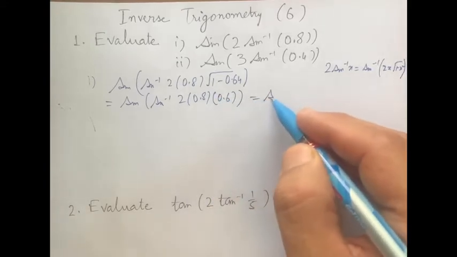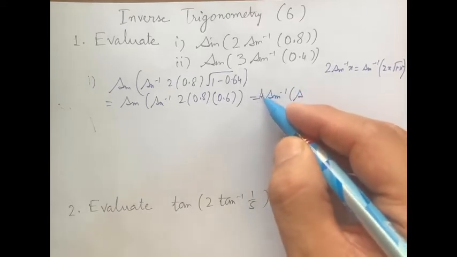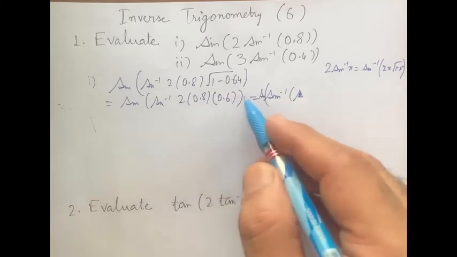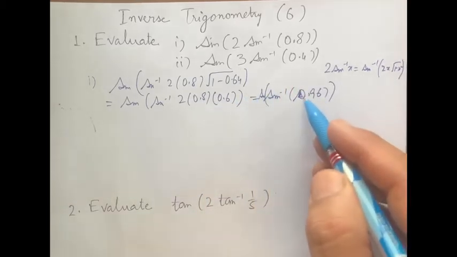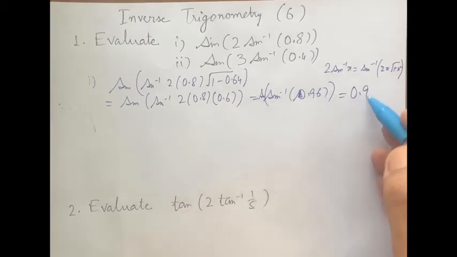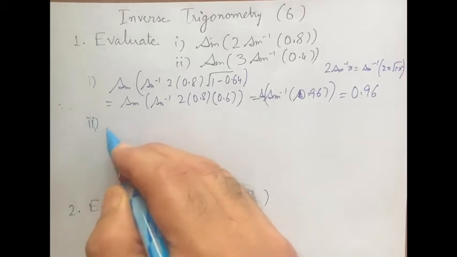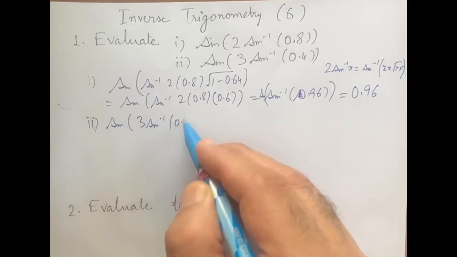This is sine inverse of 2 into 0.8, 1.6 into 0.6, this is 0.96. Since this lies between minus 1 and plus 1, sine and sine inverse will cancel out and this is 0.96.